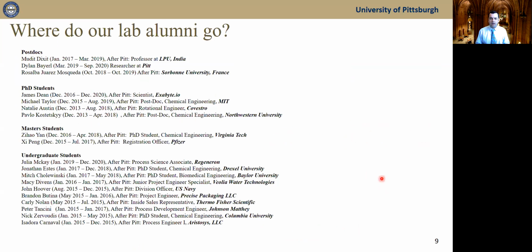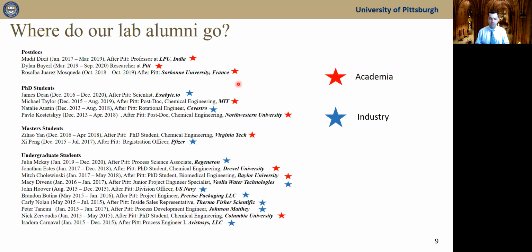Our students find positions in leading industry and universities around the world. And as you will see, we have a pretty much equal distribution between the students who go to academia and students who go to industry.